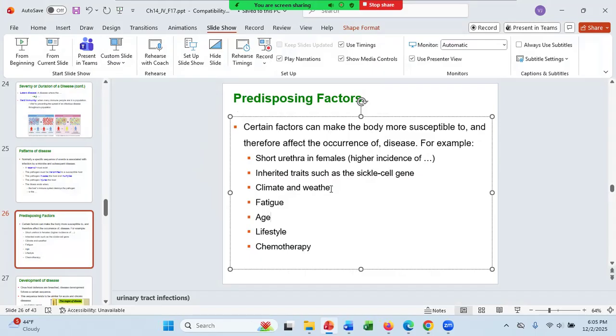Lifestyle can affect your chance of getting a disease. I've already mentioned smokers are much more likely to get a respiratory disease, and it's just that the smoking damages the mucous membranes of the respiratory system. Any question about that?